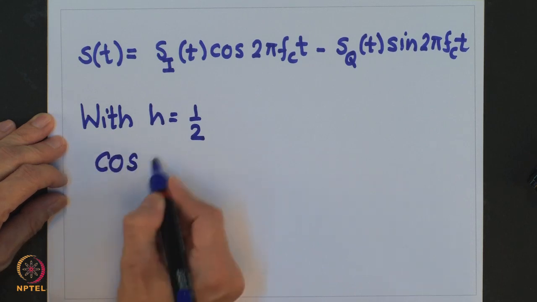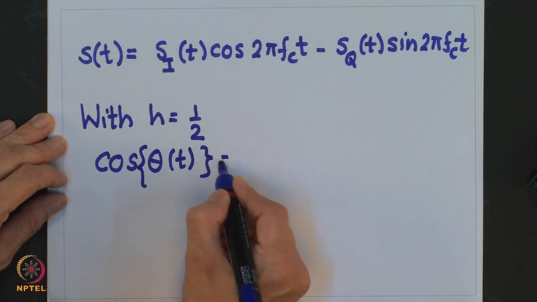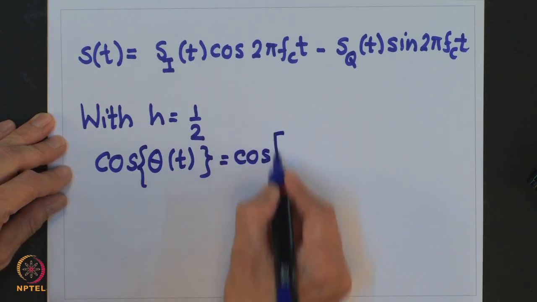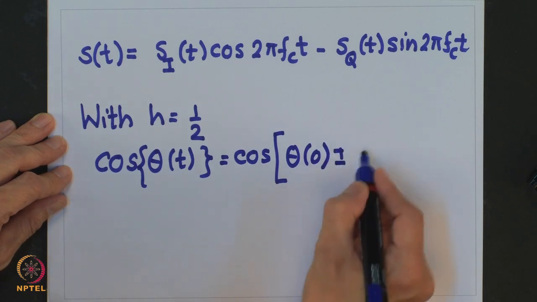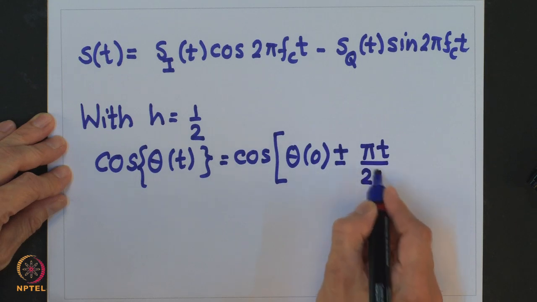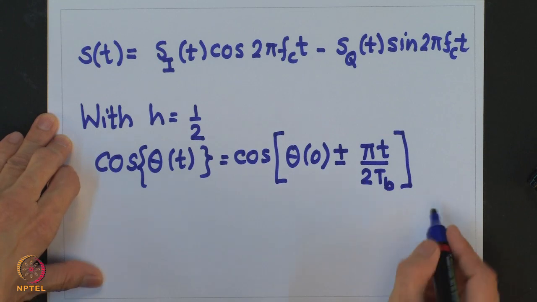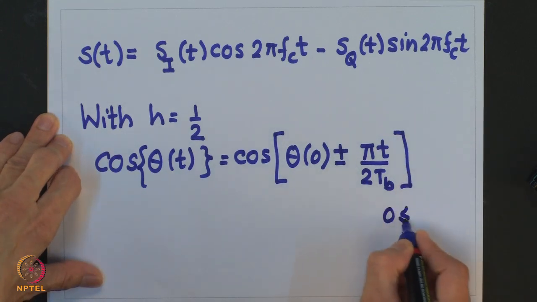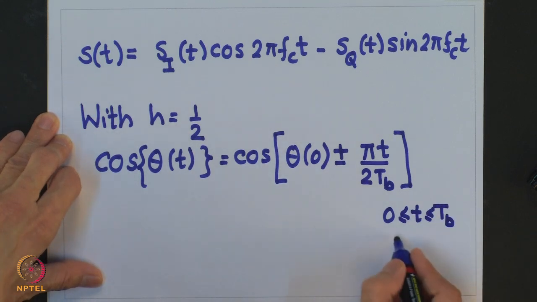Our cos theta(t) we said is of the form... let us consider the bit interval 0 to Tb to start with.